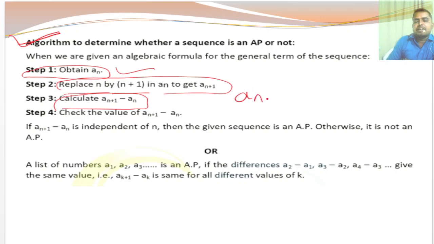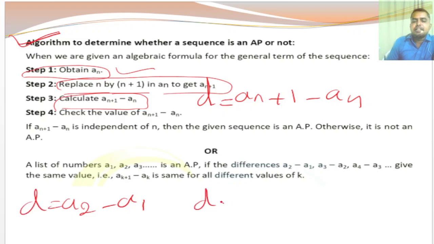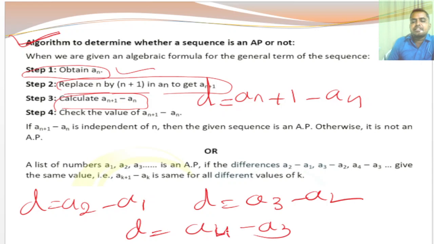It is nothing but the common difference. In the same manner, d is equal to a2 minus a1, d is equal to a3 minus a2, d is equal to a4 minus a3. If the common difference is the same, then it is said to be an AP. In this manner we calculate the common difference of the AP.